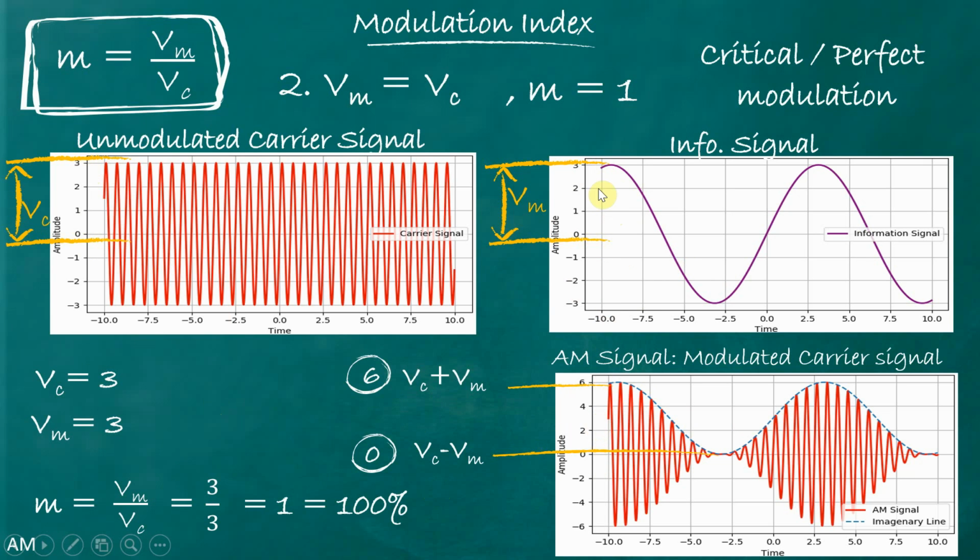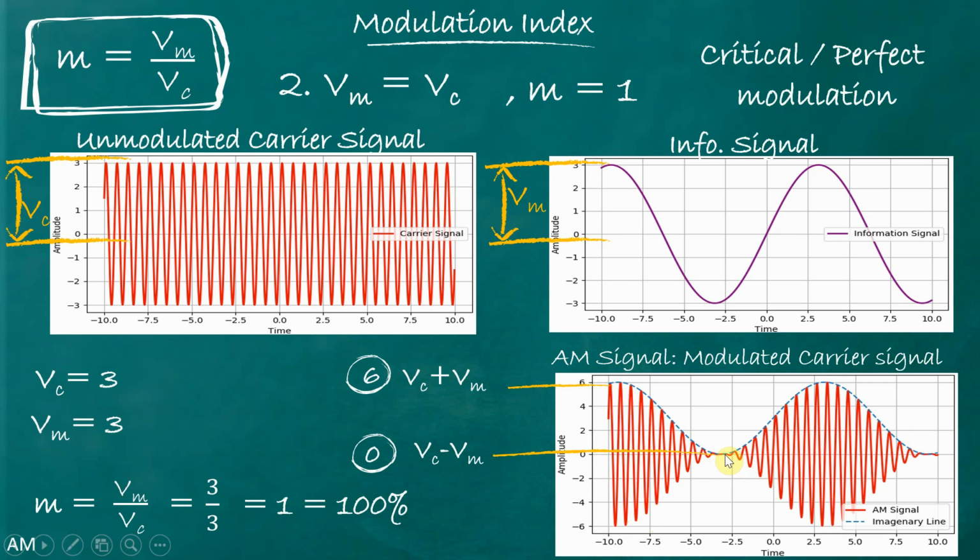So from 3 to 3, the peak is 6, then from 3 to minus 3, the negative peak is 0. Or Vc plus Vm is 6, Vc minus Vm is 0. So you can get this kind of modulated signal, where you can see this is the upper envelope and this is the lower envelope.